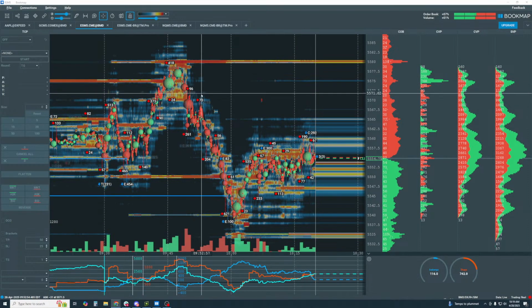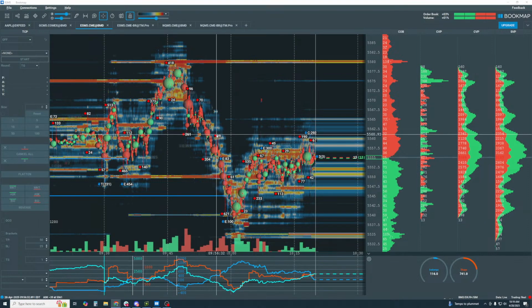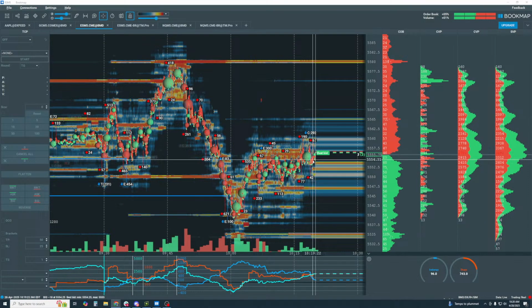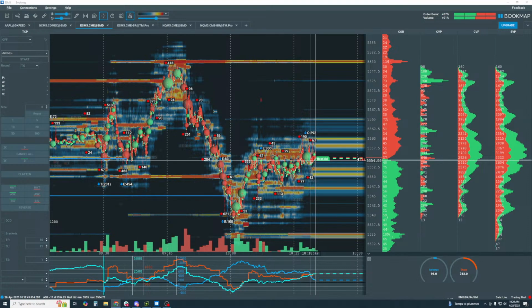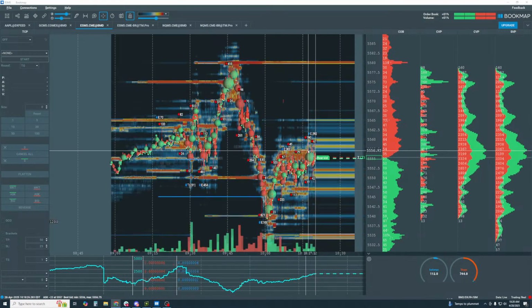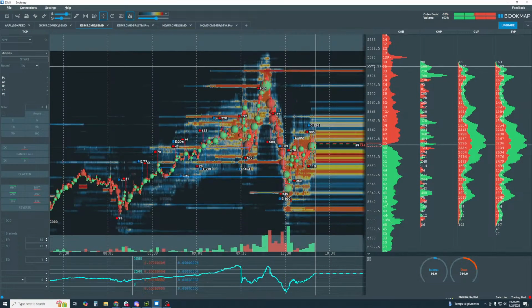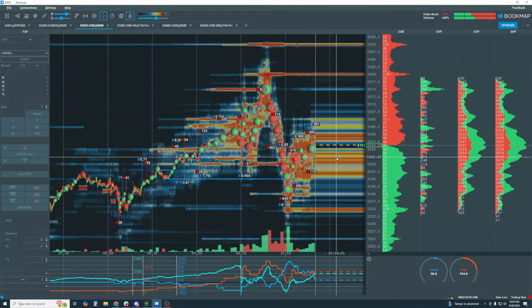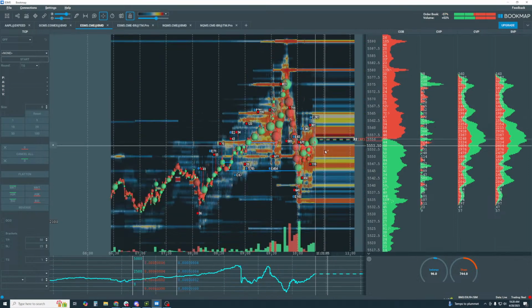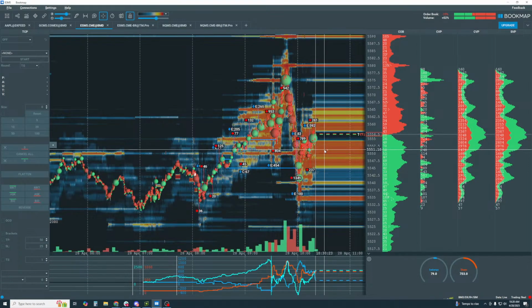So it doesn't necessarily need to be fundamental data, but we want to understand what's making the market move. That's the key. And typically, we see that kind of movement around key levels, so that's what we want to focus on.